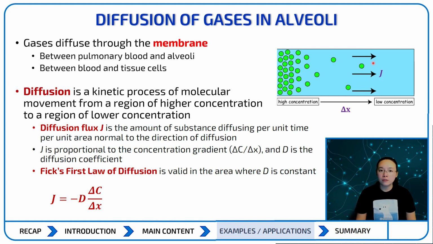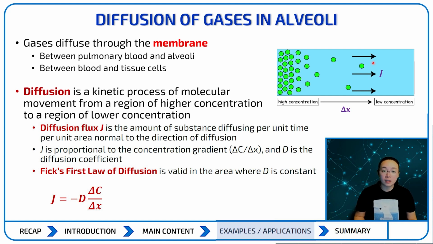So we call it diffusion flux, and we define it as the amount of substance diffusing per unit of time, per unit of area, normal to the direction of diffusion. So in this case, how many molecules are passing through a specific cross-sectional area of a tube at a specific amount of time.